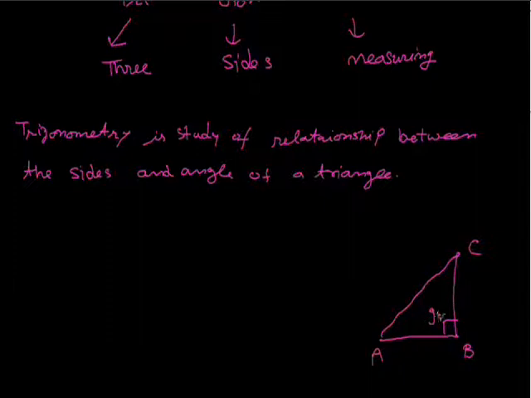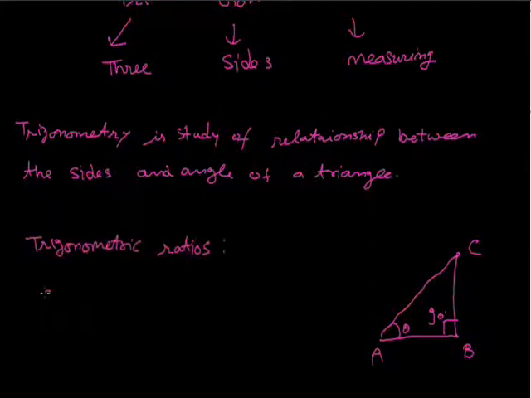Angle B is the 90-degree angle, where one angle is 90 degree and angle CAB and angle ACB are acute angles. So we define trigonometric ratios.